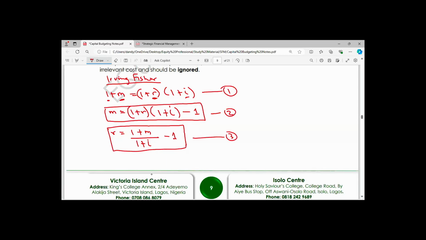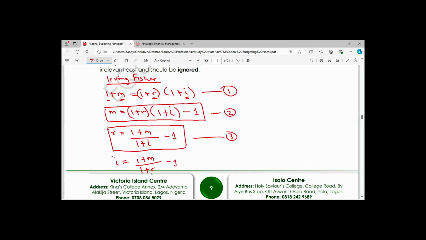Then, if you are given the money cost of capital and the real cost of capital, and the general inflation rate is not given to you, from this Fisher effect formula, I can also get my general inflation rate. My general inflation rate is the I. Therefore, just the same way you calculate your real cost of capital, I will be equal to (1 plus M) over (1 plus R), minus 1.